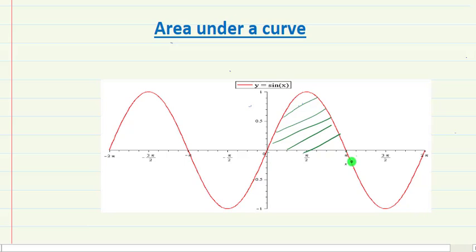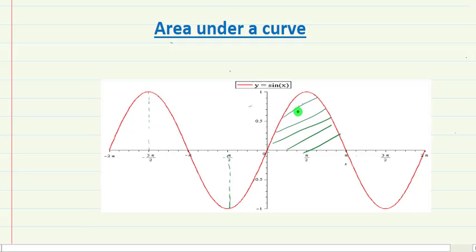Similarly, we can find any area, like if we need to find the area from this portion, that is minus 3 pi by 2 to minus pi by 2, again we can easily find it. Now there is one more thing that you should observe. The area from 0 to pi is lying above the x-axis.